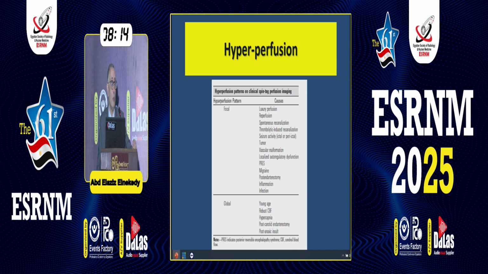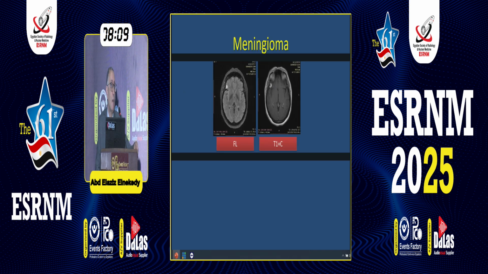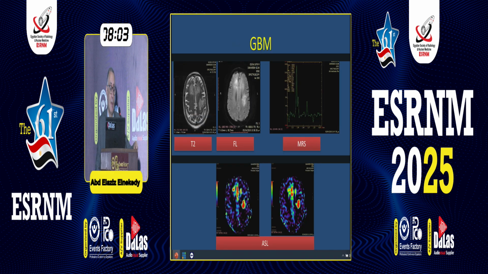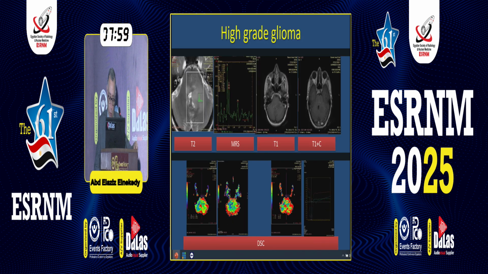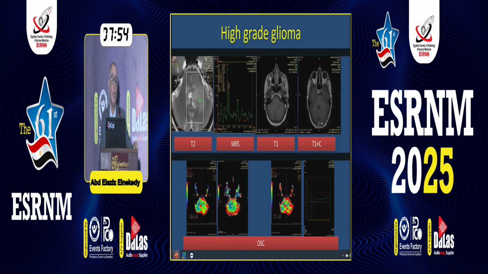Regarding hyperperfusion, focal hyperperfusion, this is a case of meningioma, as you see, a light bulb appearance. This is a case of multicentric GBM, also showing hyperperfusion. This is a high-grade glioma showing no enhancement involving the left middle cerebellar peduncle.